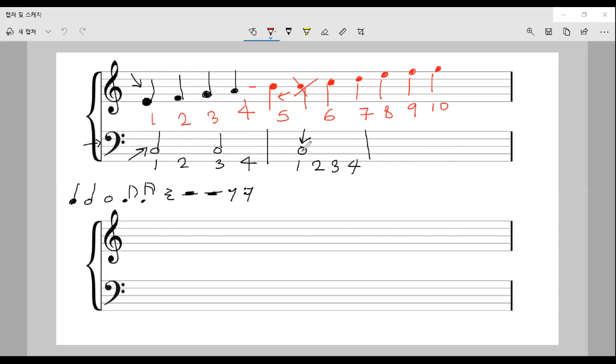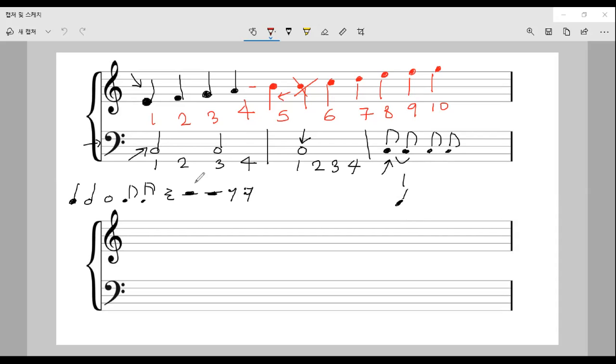And this one is a whole note, so 1, 2, 3, 4. You have to count the beats, right? What about the eighth note? C, C, C, C. This is an eighth note, and these two equal a quarter. Let me teach you how to count the beats later.